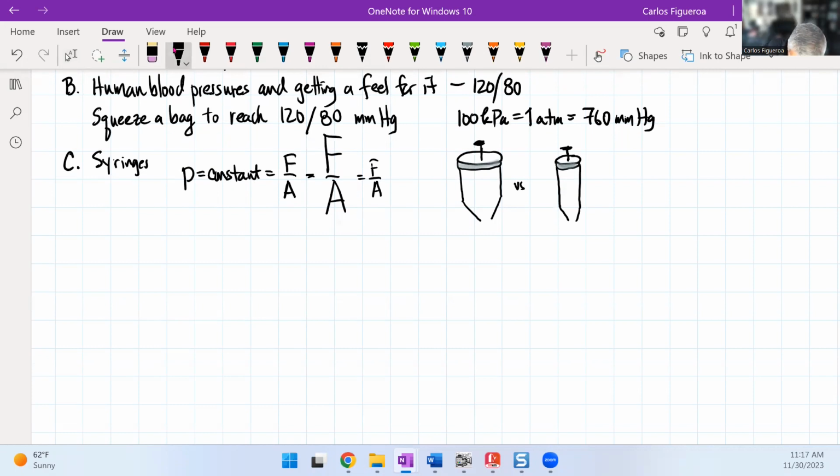Let's go to part 2 here. Part 2 here is a lifting water station.